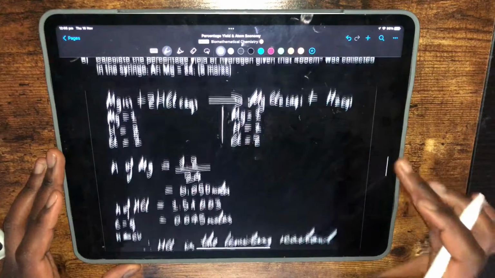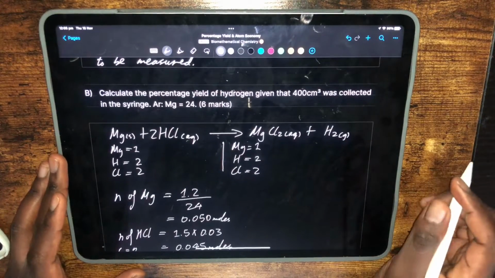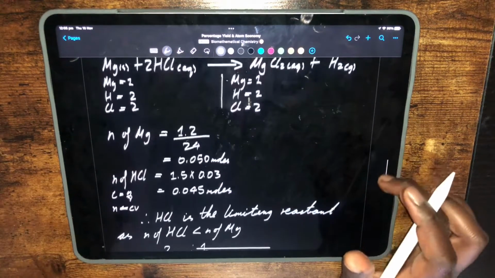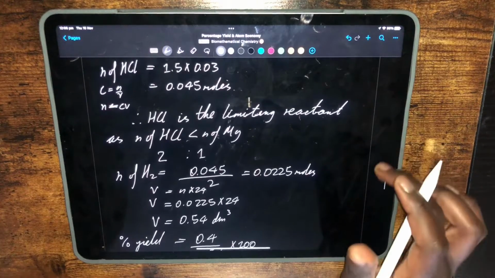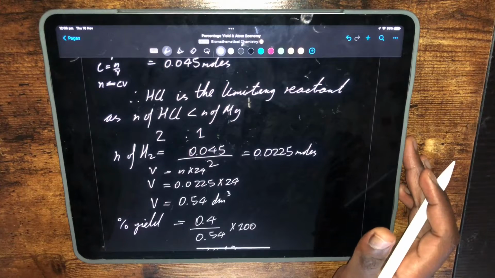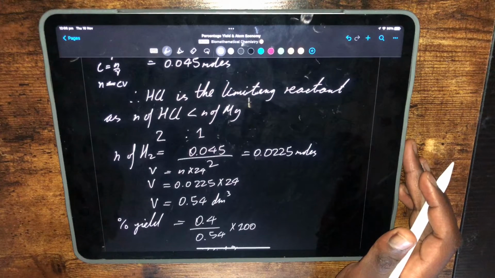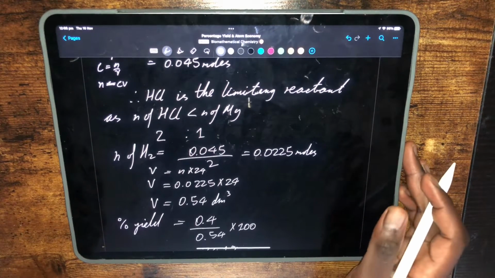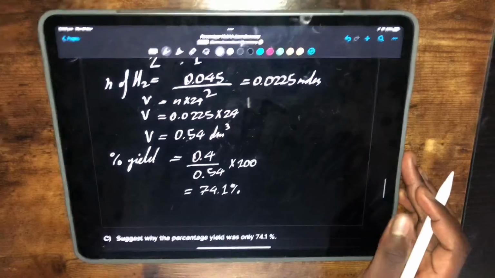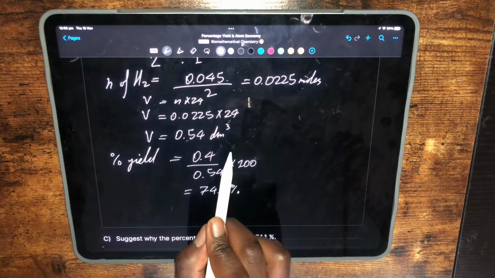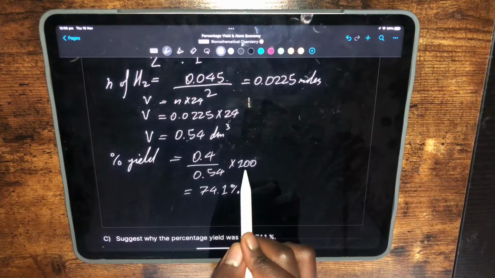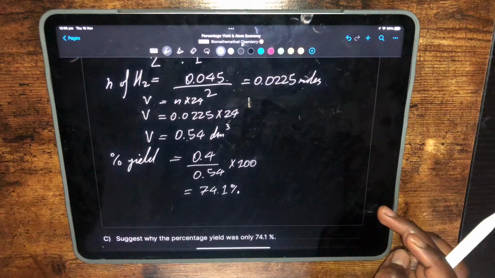It's just about being able to first of all balance your equation, then work out your moles using your reactants, find the limiting reactant, then know that 1 mole of any gas in standard conditions is 24 decimeters cubed, find the theoretical volume, and then use the actual volume over the theoretical volume times by 100 to get 74.1%.